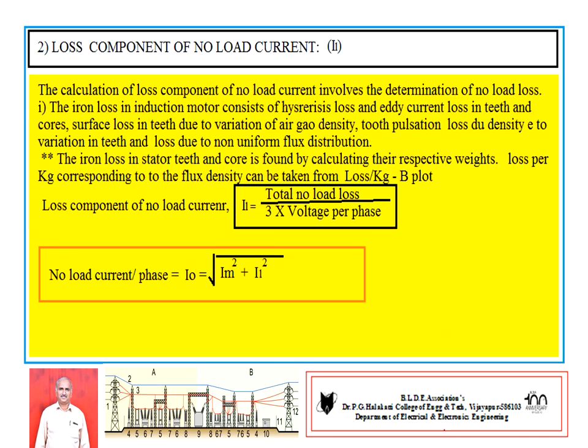So once you know the magnetizing current and the loss component current, then finally we develop the expression for calculation of no load current I0 per phase equal to the square root of Im squared plus IL squared. This is the final expression. We have to remember the expressions for Im and IL. These things are required for calculation of problems.